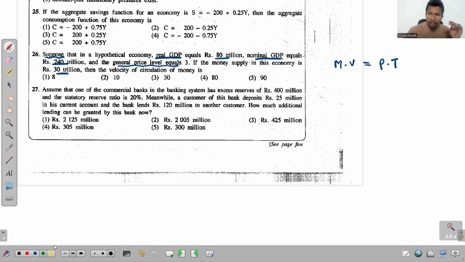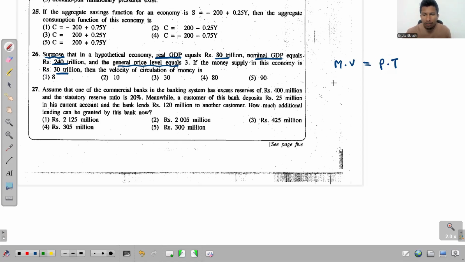If you multiply the price level by the real output, you get the GDP under the nominal price. Here T stands for the real GDP and P stands for the price level. When you multiply the two, you get the nominal GDP, and M stands for the money supply and V stands for the velocity of money circulation. Using this equation, we can easily get the answer for this question.